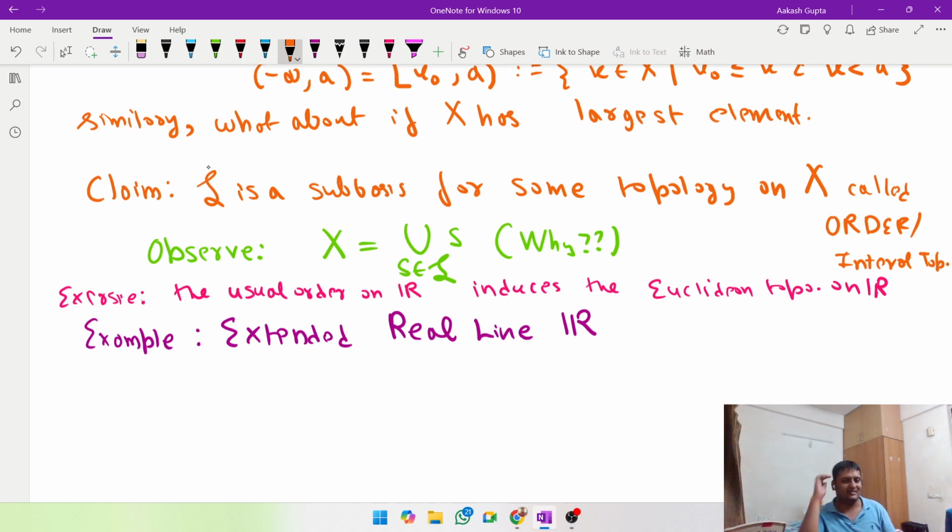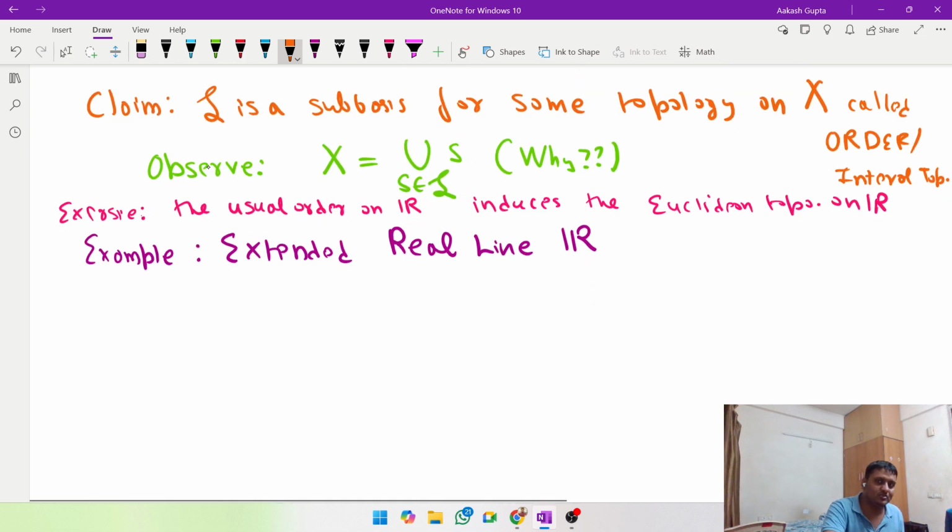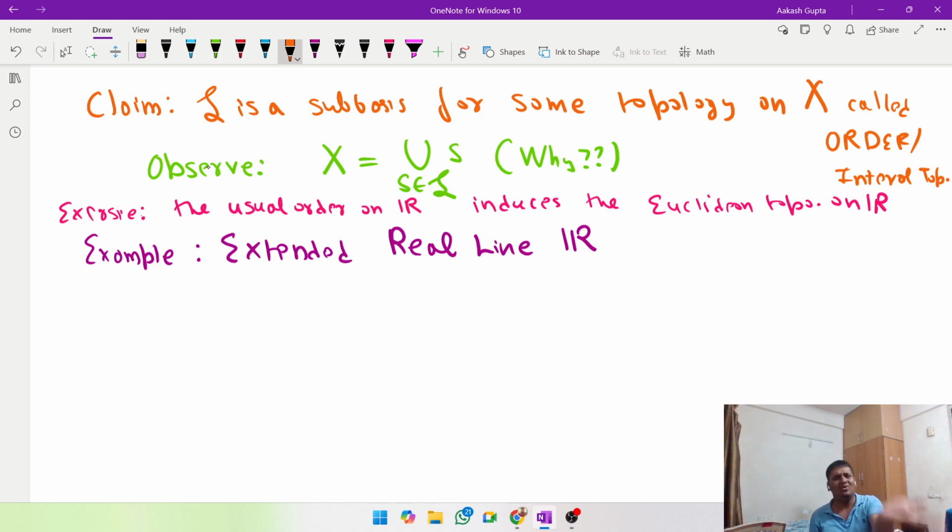Order makes more sense; it's a better word. So my claim is, if you take the usual order on R, that will give you the Euclidean topology on R.